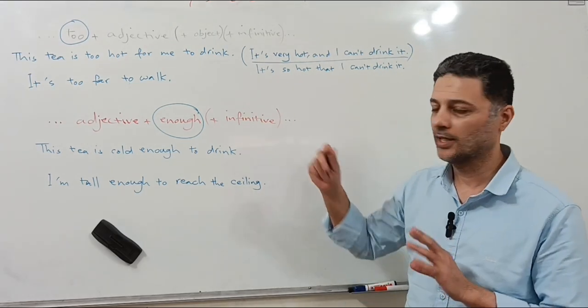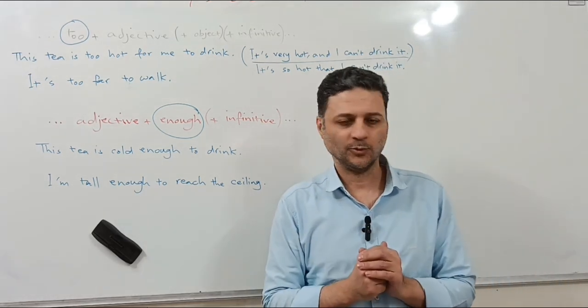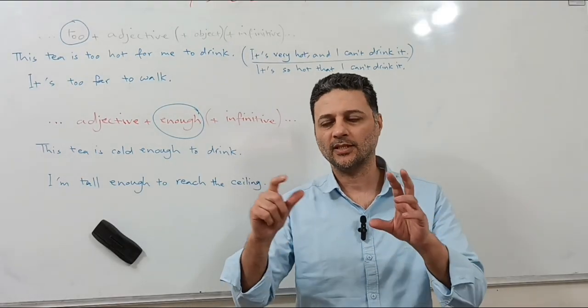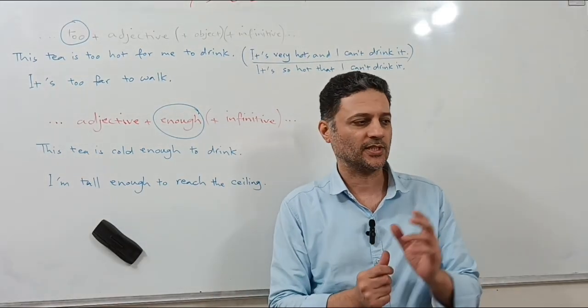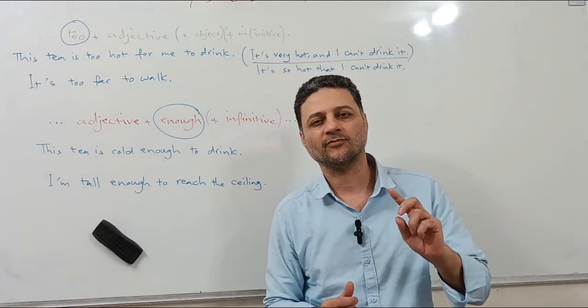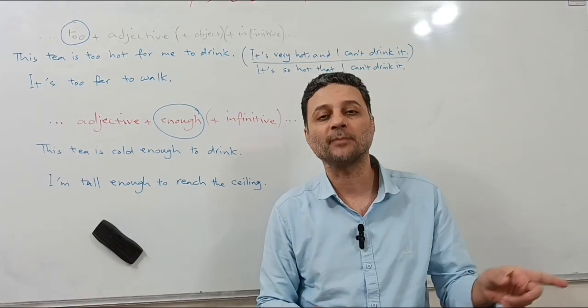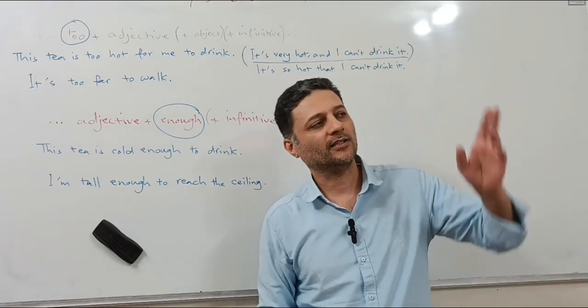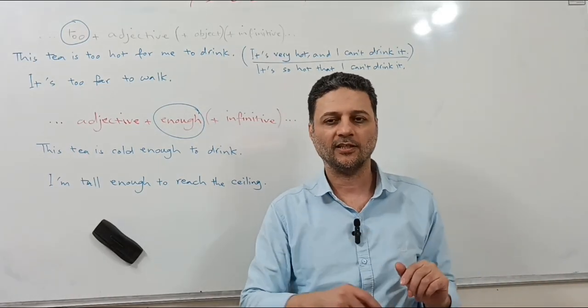Of course, you might have seen some structures in which you see too, like kind of, to show agreement with other people or their ideas. For example, somebody says, "I like that movie," and you say, "I like that movie too."